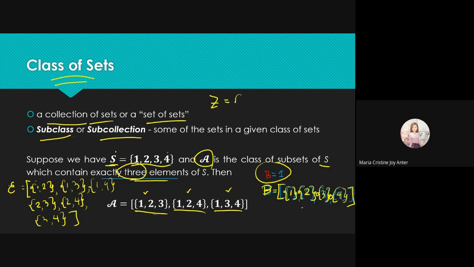Tapos imong set Z, ang sulod niya kay A, B, C, D, hangtod letter X, Y, Z. Now, what if kung pasulaton ka og class ani nga set, pero ang class kay define nga dapat it should contain exactly 5 elements of Z.